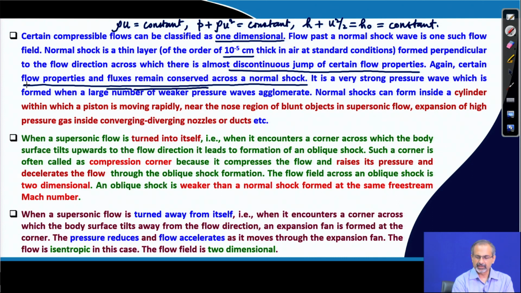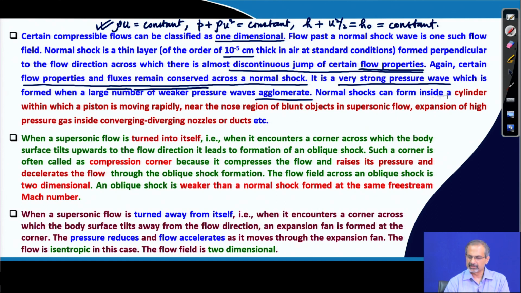But again, there are certain flow properties which would jump abruptly across the normal shock, which we saw from the point of view of the characteristics. We would also see it when we handle these equations, and we will find that there are abrupt jumps in properties, and this happens to be a very strong pressure wave, which is formed when a large number of weaker pressure waves agglomerate.